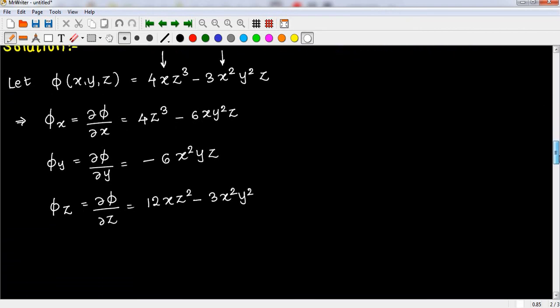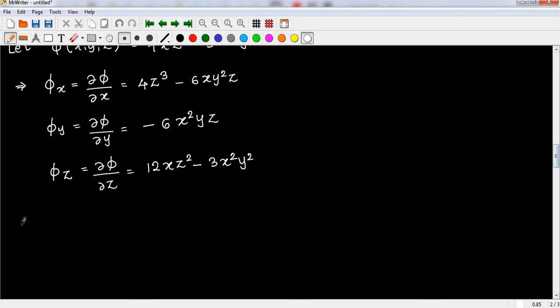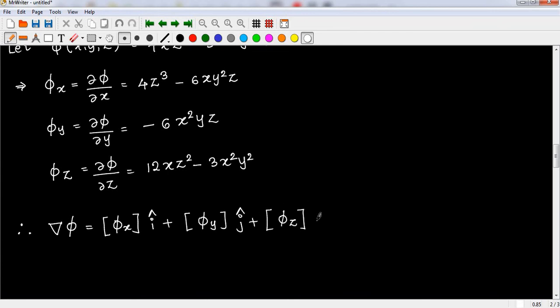Therefore, by using these partial derivatives, we can define the gradient vector. Therefore, del phi is equal to partial derivative of phi with respect to x along x-axis plus partial derivative of phi with respect to y along y-axis plus partial derivative of phi with respect to z along z-axis.